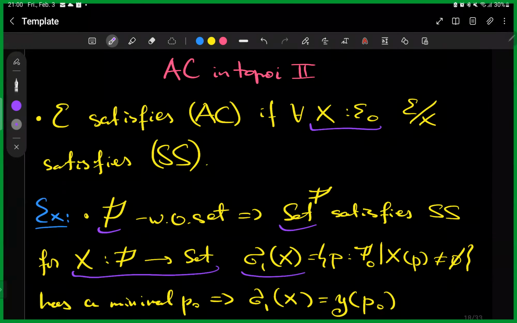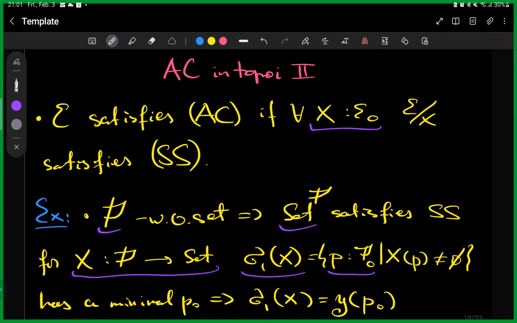And since it is a well-ordered set, it has a minimal element p zero, and then sigma 1 of x is just the image under the unit embedding of p zero. So I guess in more down-to-earth terms, that's just the collection of elements in P large which are less or equal than p zero.